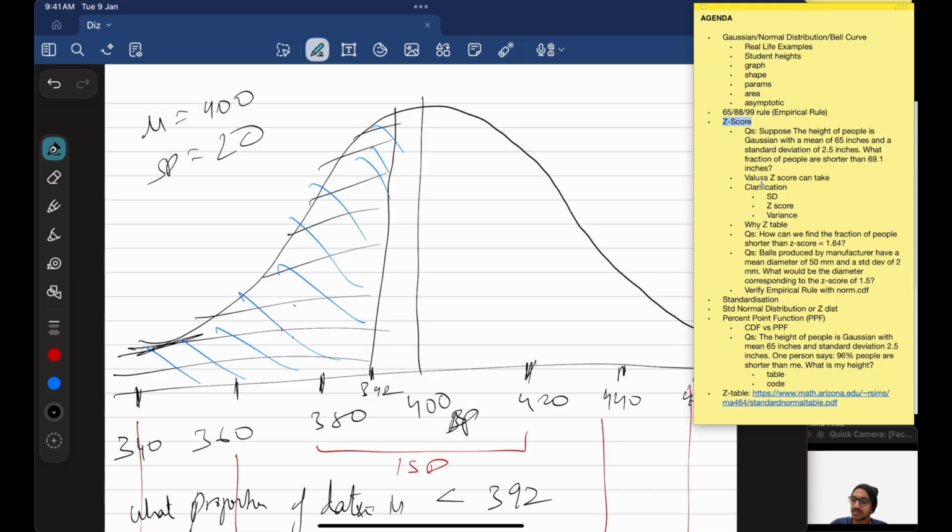So z-score is basically, the definition is how many standard deviations a data point is away from the mean, right? How many standard deviations a data point is away from the center, which is the mean in this case. And this is for normal distribution.